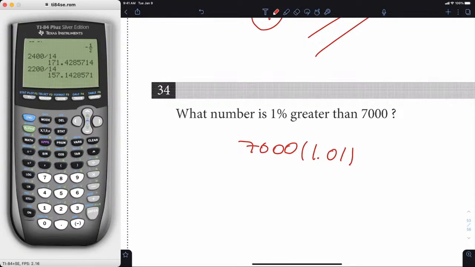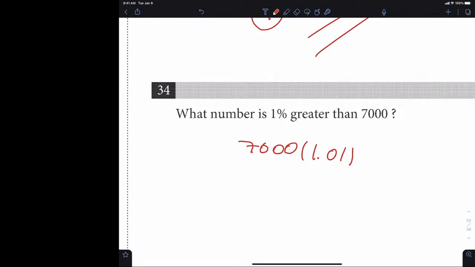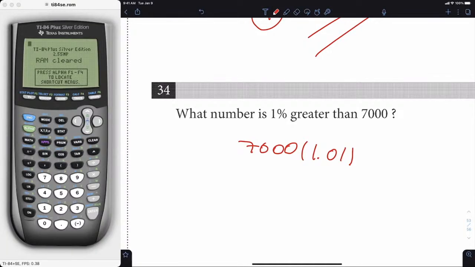Do you guys see this? My calculator is not working. Let me close the program and try to restart it. Now? Yeah. I don't know what happened. Times 1.01. That's going to be 7,070.